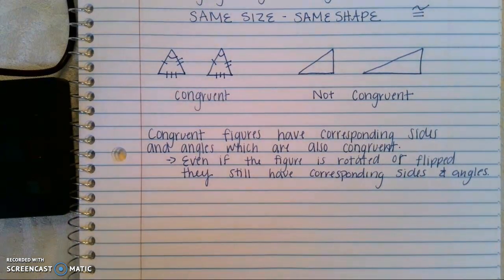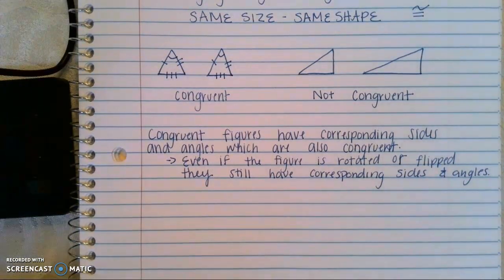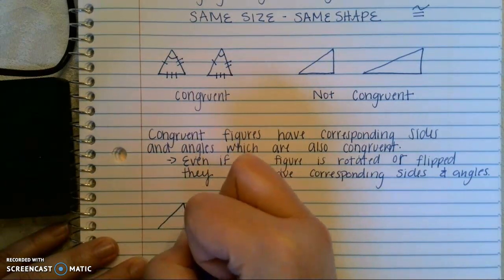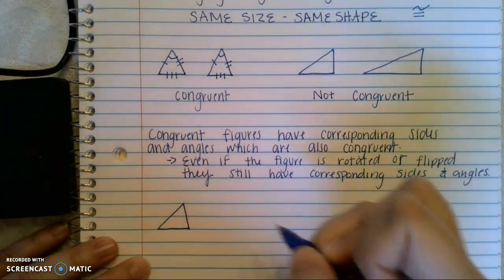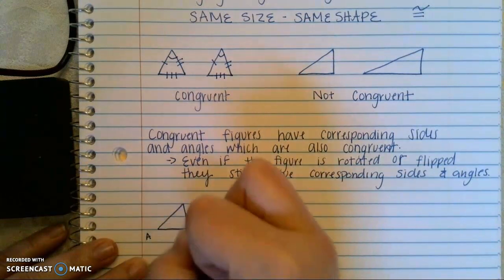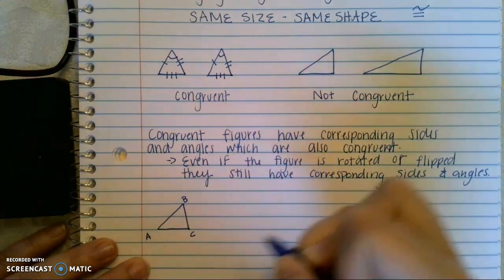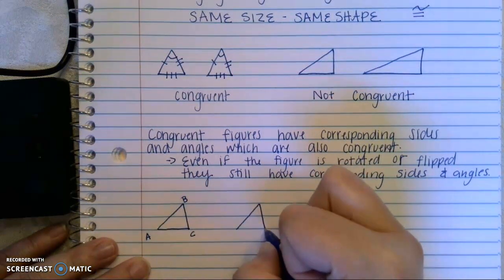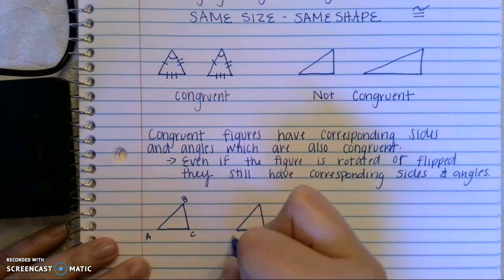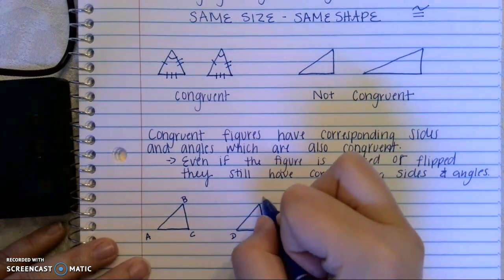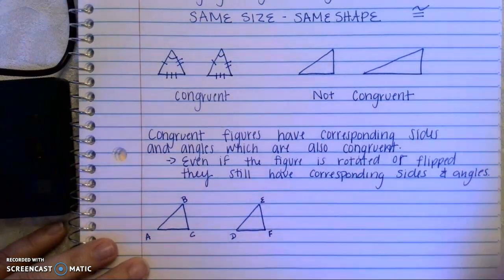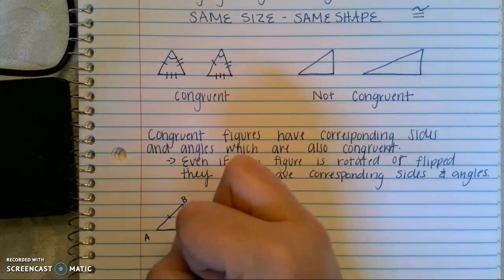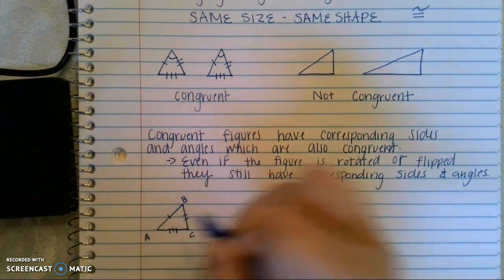So let's say that we have these two triangles that we're going to draw. We're going to have triangle ABC and triangle DEF. Those are congruent to one another. So I'm going to add in my slashes. Let me know which sides are equal to one another.